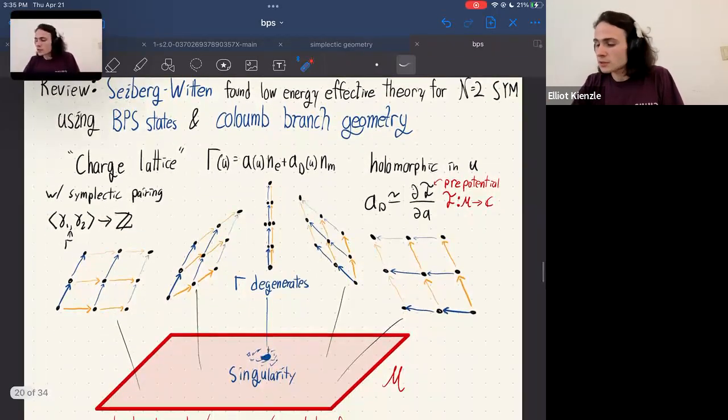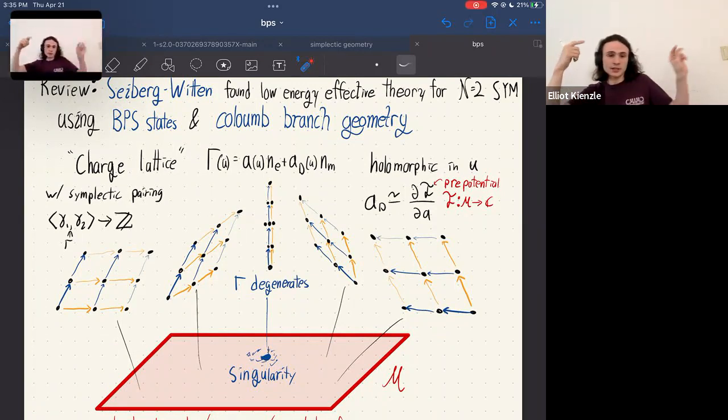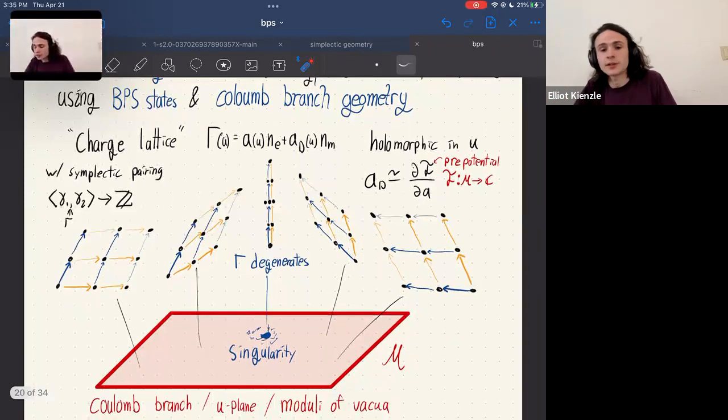So the first step is what possible field theories could it even go to? These are actually parameterized. There's a whole family of them, representing different directions you can point in space. So there's a whole moduli space of vacua, which we call the u-plane or the Coulomb branch.